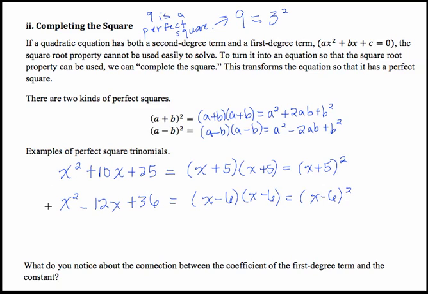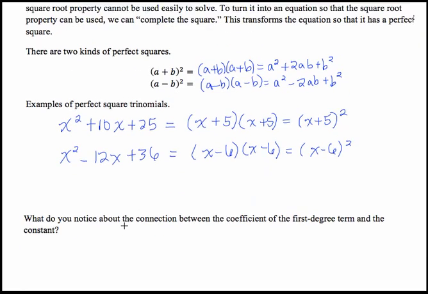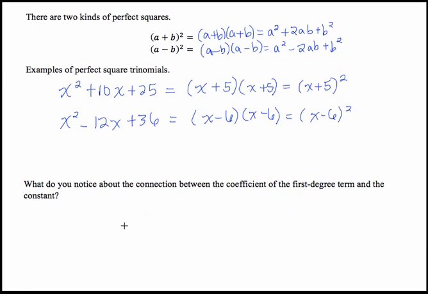So the idea here is we're going to write one side of each quadratic equation like this. We're going to manipulate it and force one side of it into a perfect square trinomial. To do that we have to notice a connection between the first degree term, that means the x term, and the constant. So how are they related? In this one, 10. How do you get from 10 to 25?